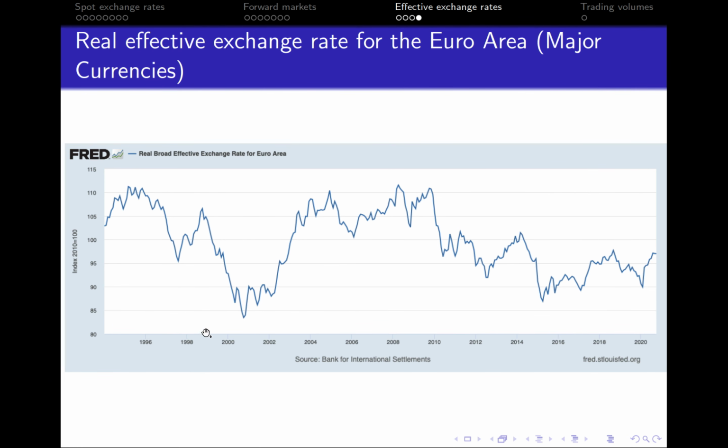Because euro actually came about around 99 in transactions without actual currency, without the notes and coins. But remember, based on the baskets associated with European monetary system, they still can be calculated, and this is what you see over here.